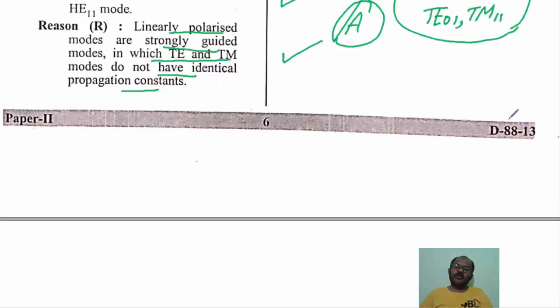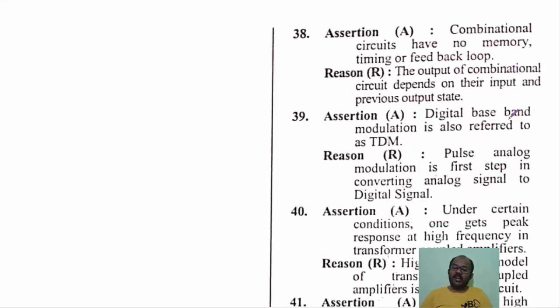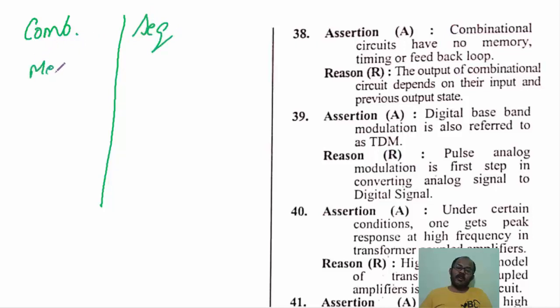Moving on to 38th question, what they have given is combinational circuits have no memory or feedback loop. So we need to know the basic difference between combinational circuits and sequential circuits. In the case of combinational circuits, you will not be having memory. But in the case of sequential circuits, you will be having memory.